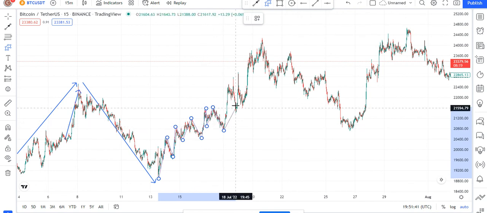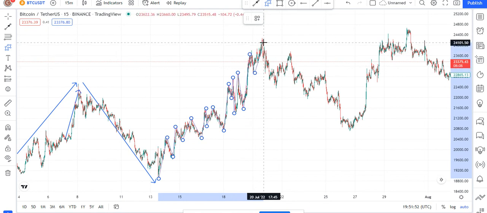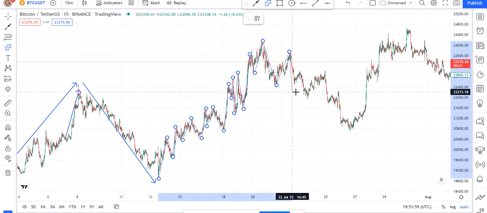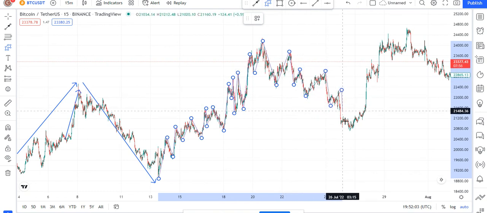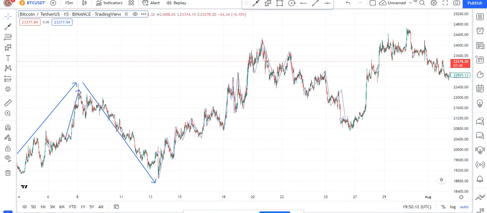Inducements, higher high, higher low, higher high, inducements, higher high, higher low, higher high, then reversal: lower high, lower low, lower high, lower low, lower high, then another lower low, then we start continuing.